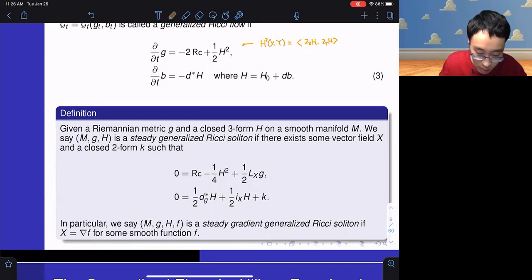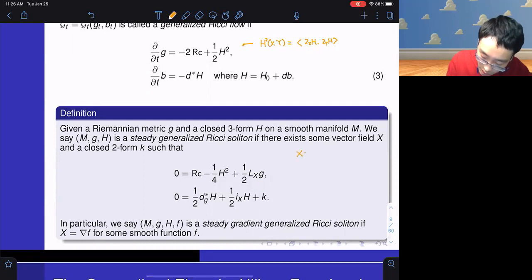In the following, we will always consider the case that X is gradient f and K is 0. So we say (M,g,H) is a steady generalized Ricci soliton if 0 is Ricci minus 1/4 H squared plus Hessian f, and 0 is d star H plus i gradient f H.